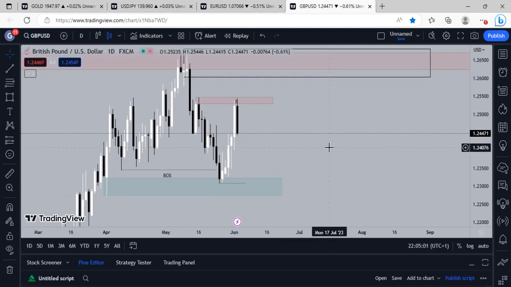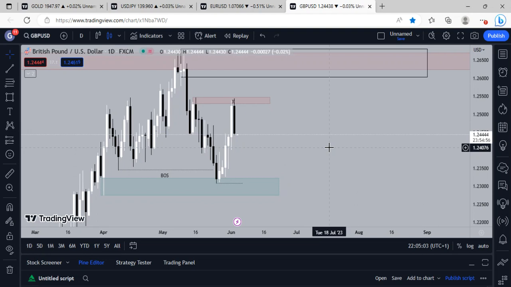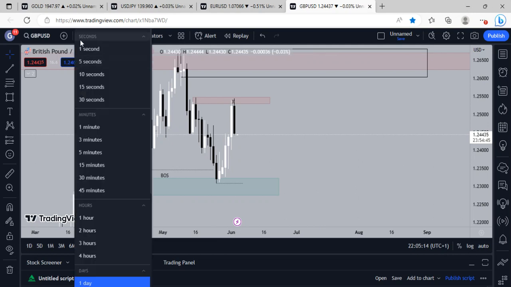What I normally do is I point out all of my POIs, and once I've looked at all my POIs, I wait for price to go to that POI, and then that's when I'll make a decision.